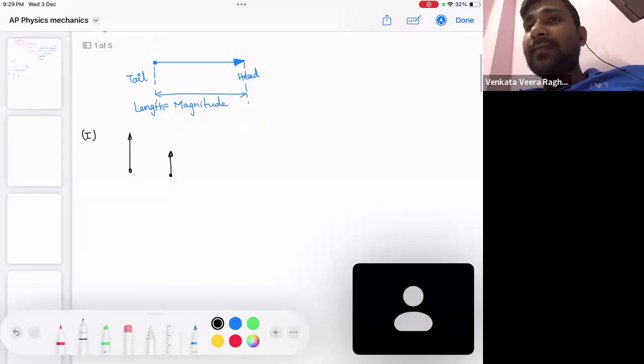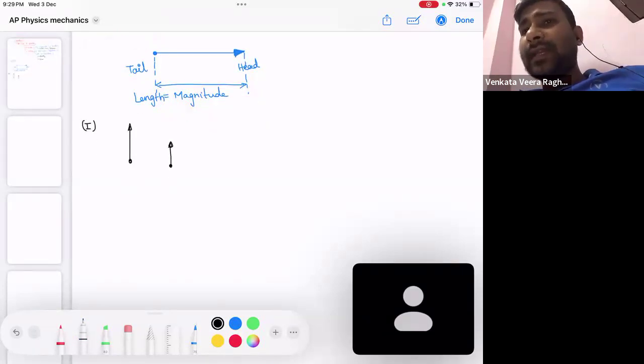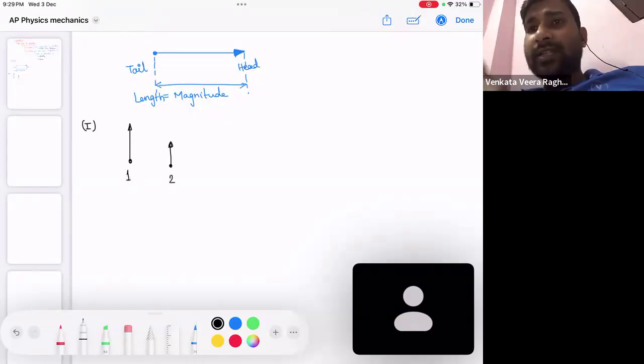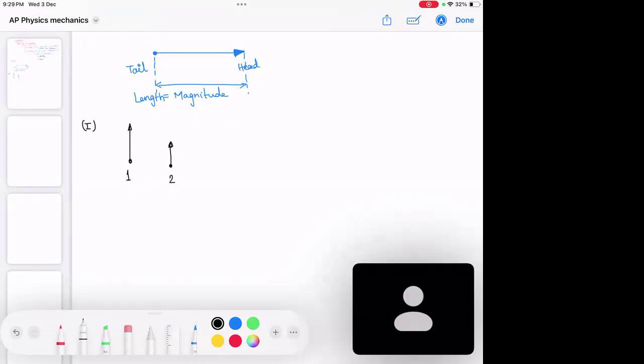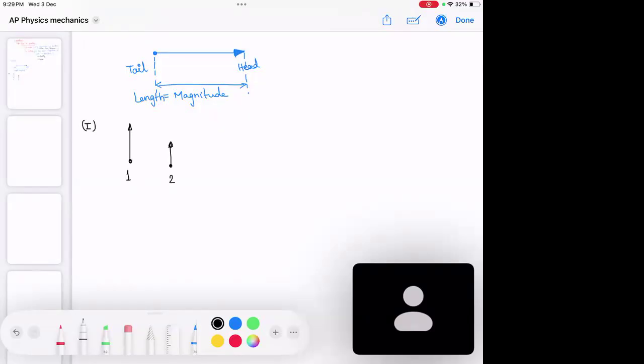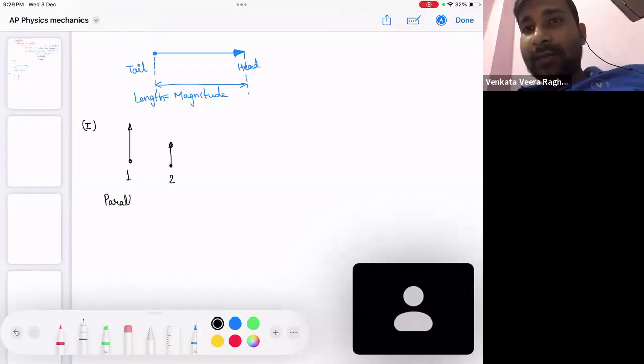Do they have the same magnitude? No, sir. Which vector has more magnitude, vector 1 or vector 2? Vector 1. And are these two vectors parallel to each other? Yes, sir. So the first one I have drawn is called parallel vectors, meaning vector 1 and vector 2 are parallel to each other.